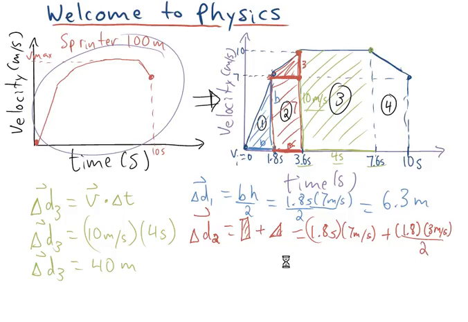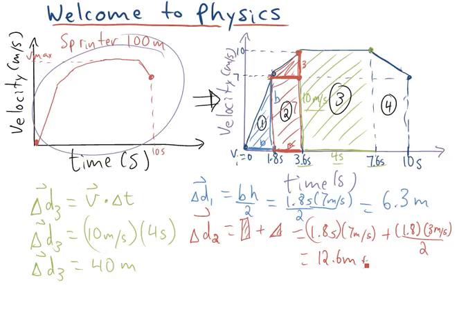You can go ahead and do that on your calculator. You can steal a calculator from the person sitting next to you, or just do it in your head. 1.8 times 7 gives you 12.6 meters, plus 1.8 times 3 equals 5.4.